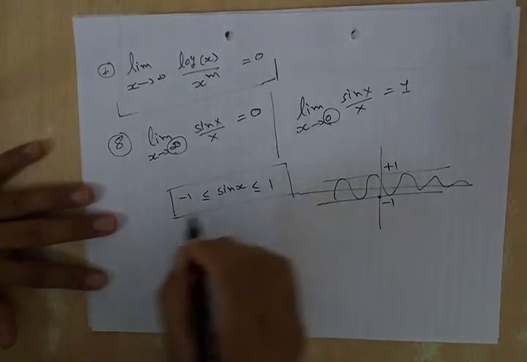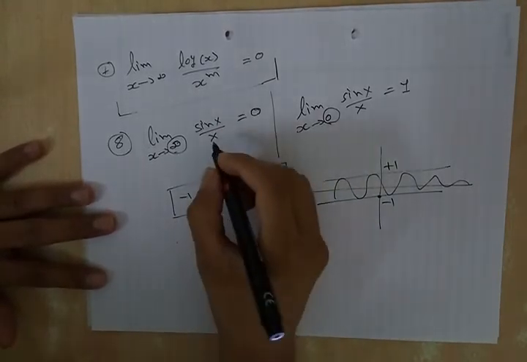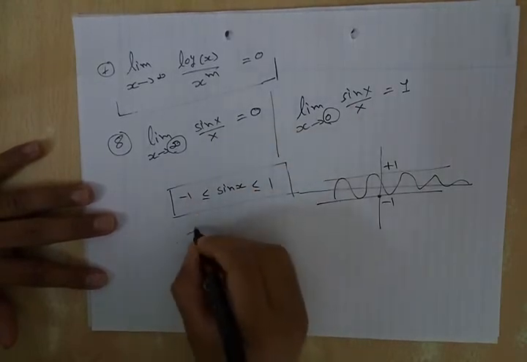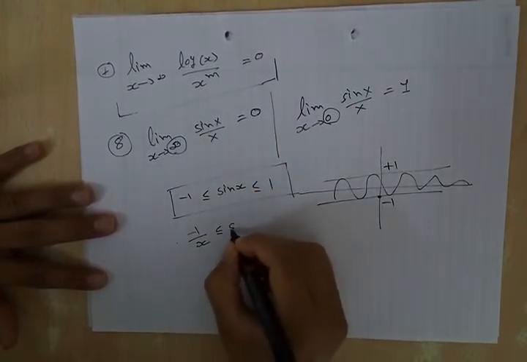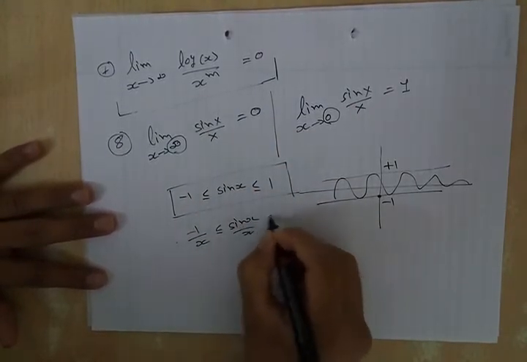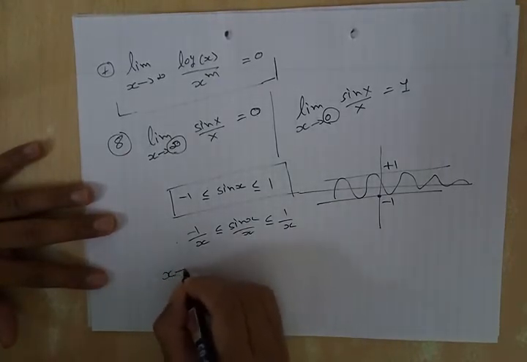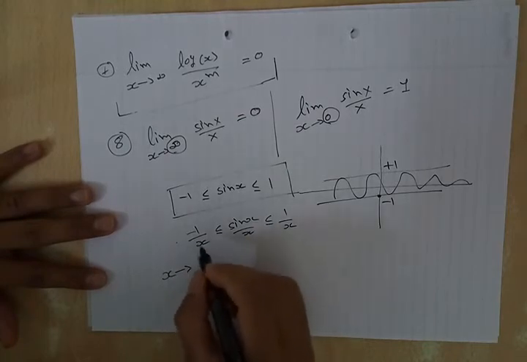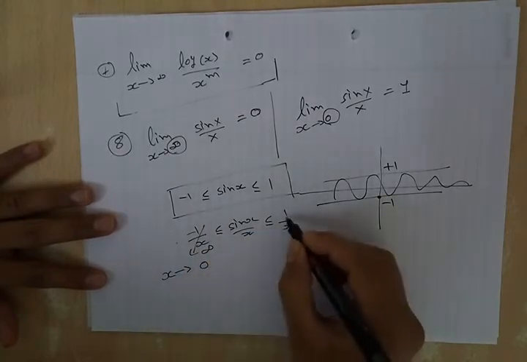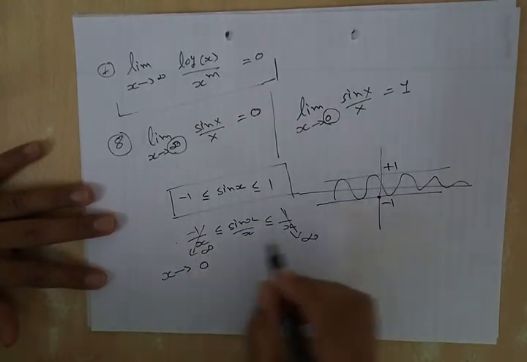Now we will divide this inequality by x, so it will be sin x upon x, and 1 upon x.